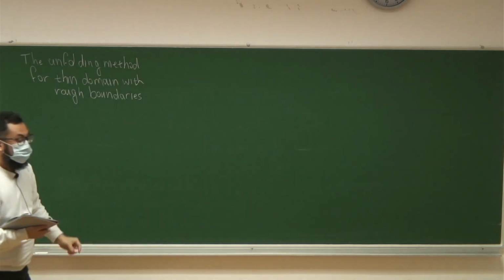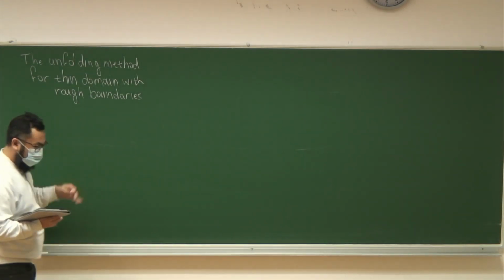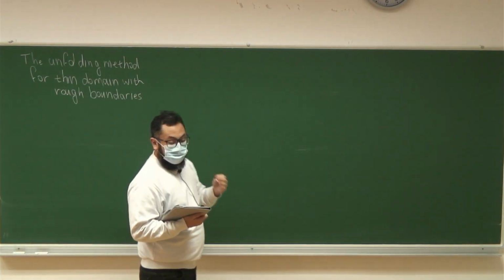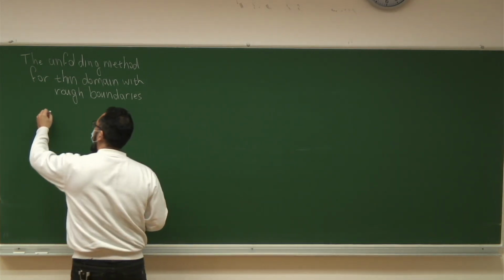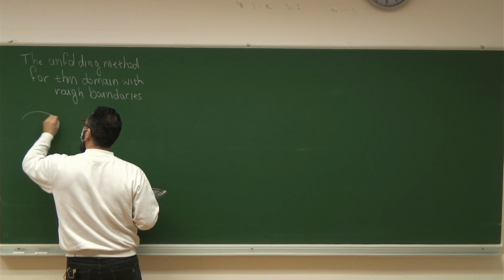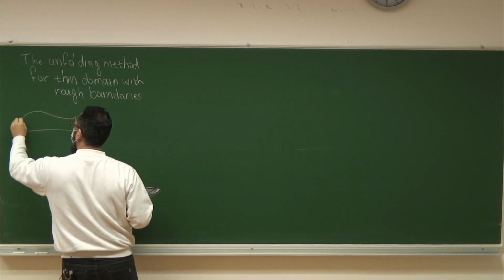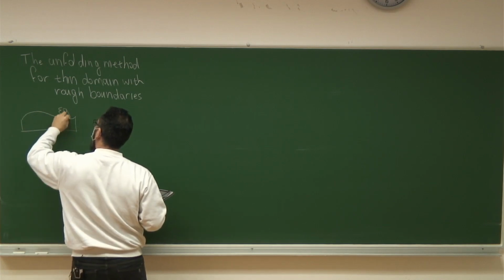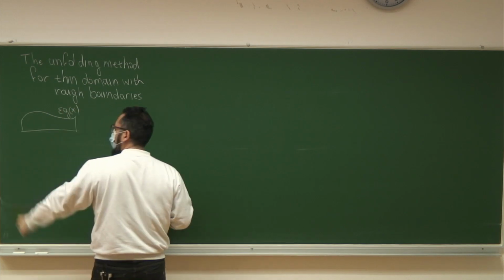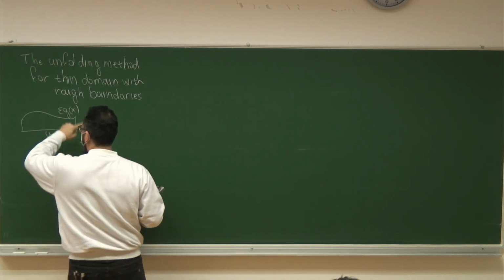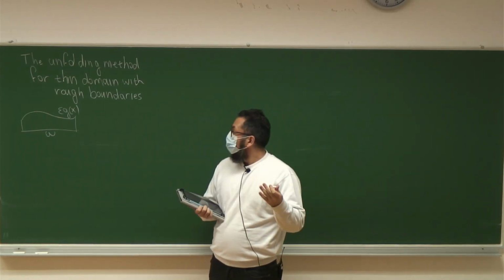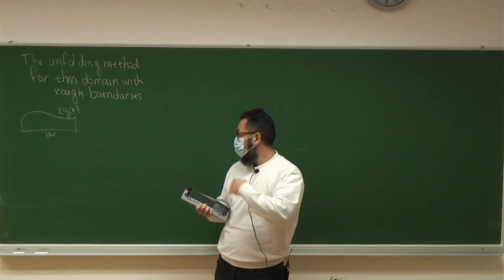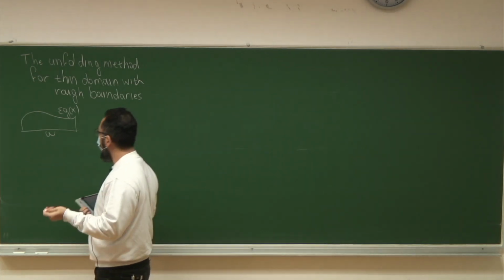So usually in this course you had the standard way of defining a thin domain, which would be something like this. So here it can be thought as R2 and an R2 domain, or a multi-dimensional domain.